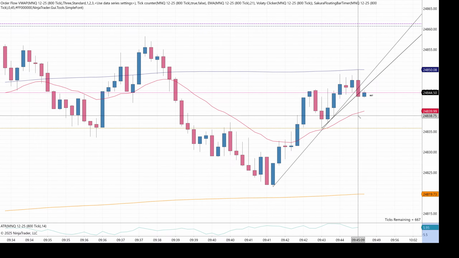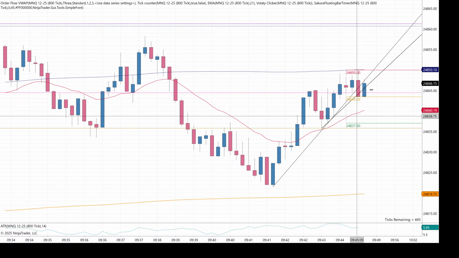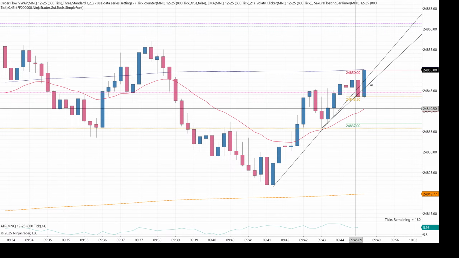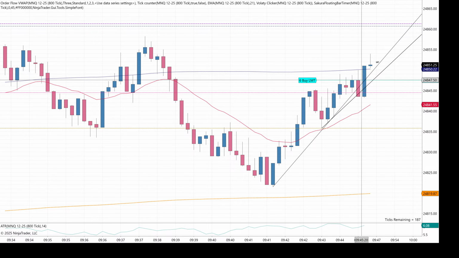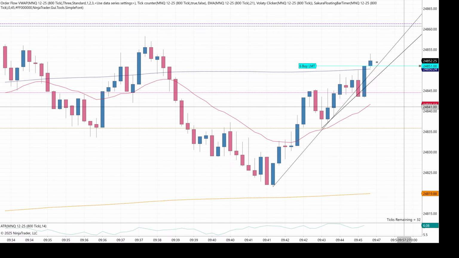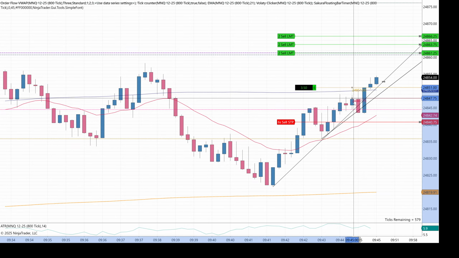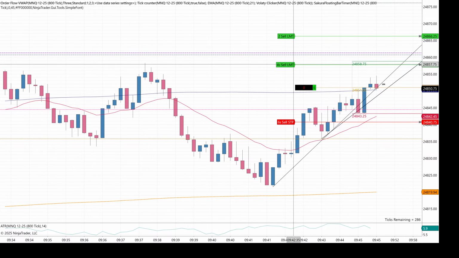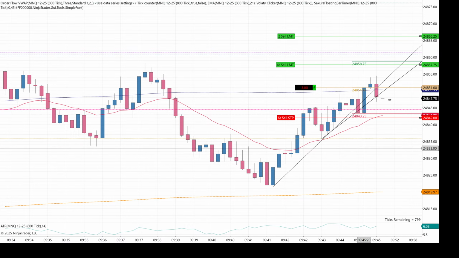This is a bearish signal, but we have the EMA in the way, so I'm not going to take it. But this did trigger bearish. Now this triggered bullish, so let's take it. Okay, 22.